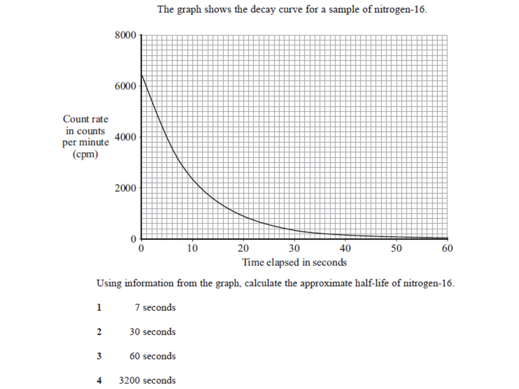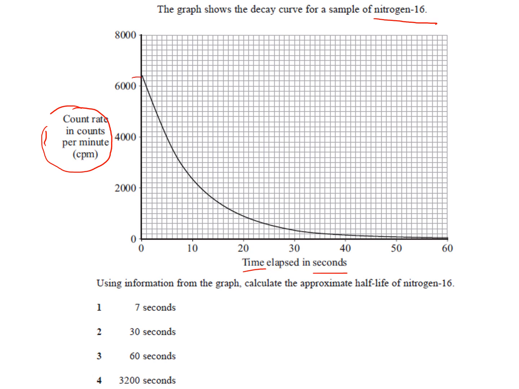Here's another one. We've got activity or count rate here again. And we've got time in seconds. So what do you think the half-life of nitrogen-16 is based on this graph? So we're starting off just above 6,000 here, so it looks about 6,400 perhaps.